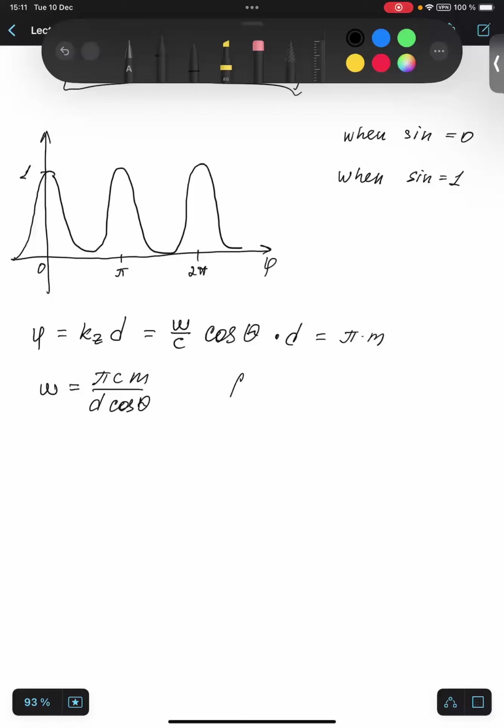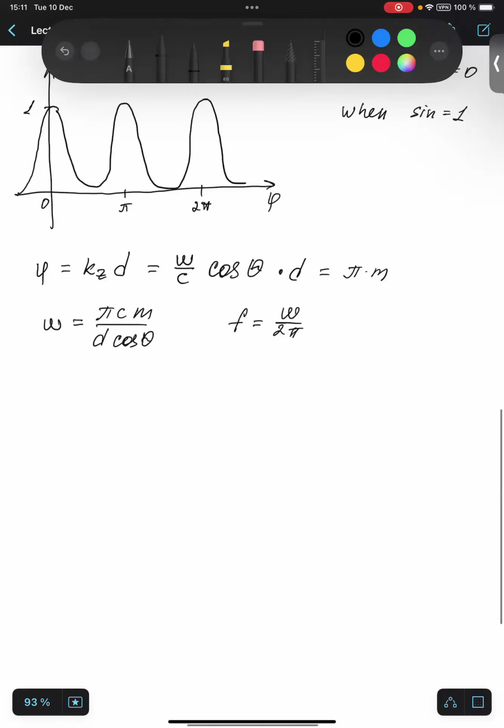Or usually people consider not the angular frequency, but just the frequency divided by 2 pi. So f_m for mode m equals m c over 2d cosine theta.